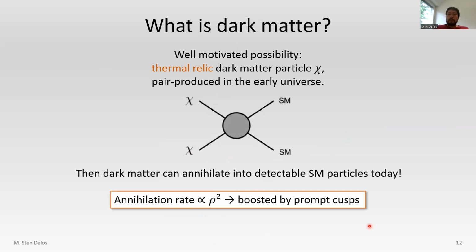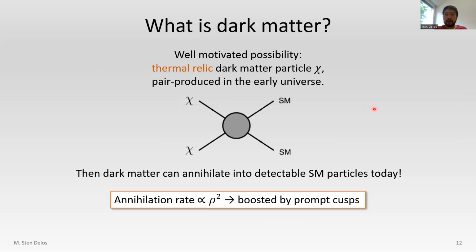Okay, so moving on. I've talked about how dark matter behaves gravitationally, but what is dark matter? Well, of course we don't know, but we can get guidance from the idea that dark matter must have been produced somehow. And one well-motivated idea is that dark matter is a thermal relic, so it's a particle with this kind of interaction with the standard model.